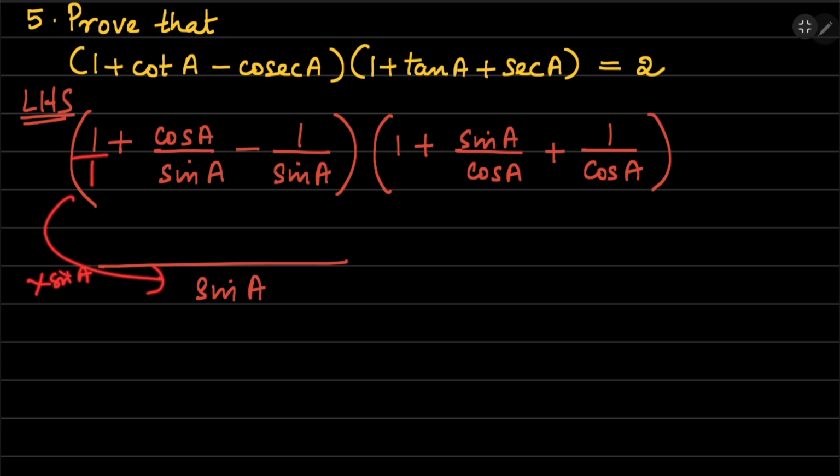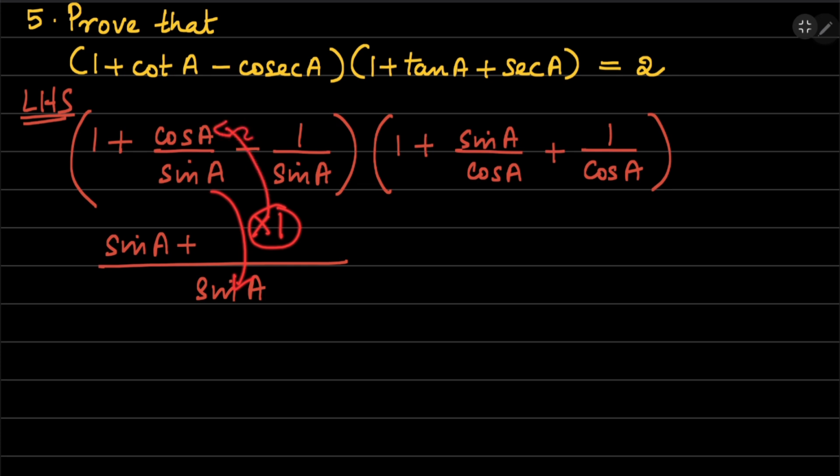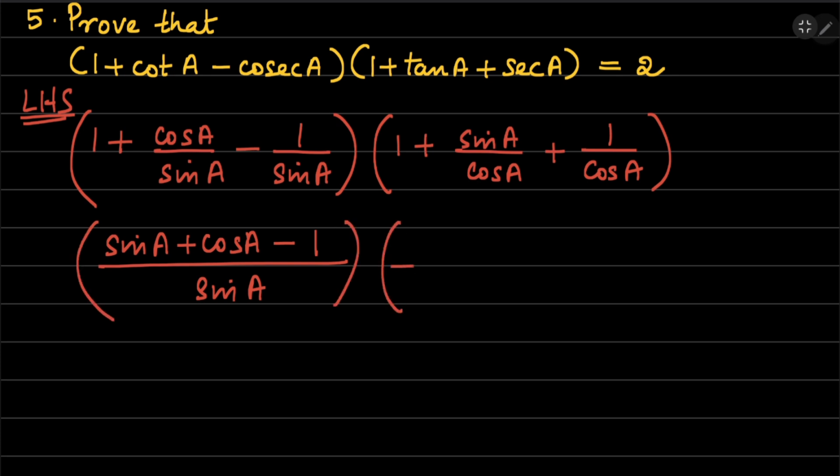It's just sin A. So the first term will be sin A plus cos A minus 1, multiplied by, again here your LCM is just cos A, so the first term will be cos A plus sin A plus 1.